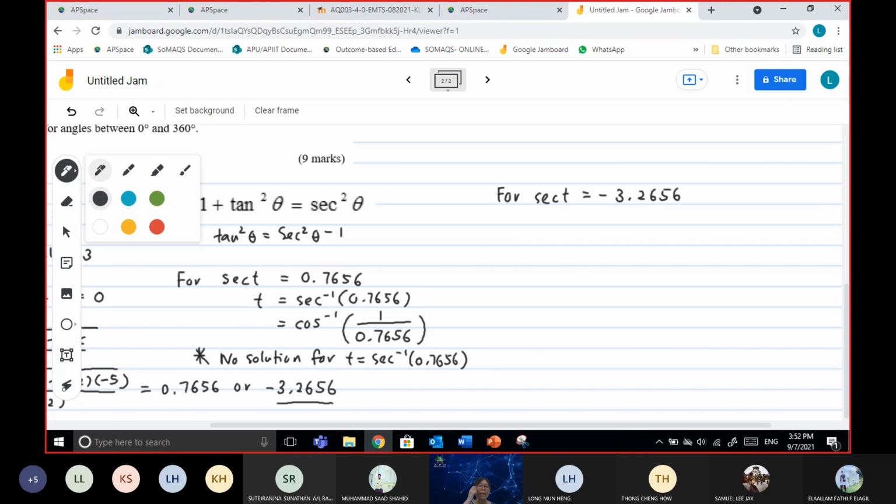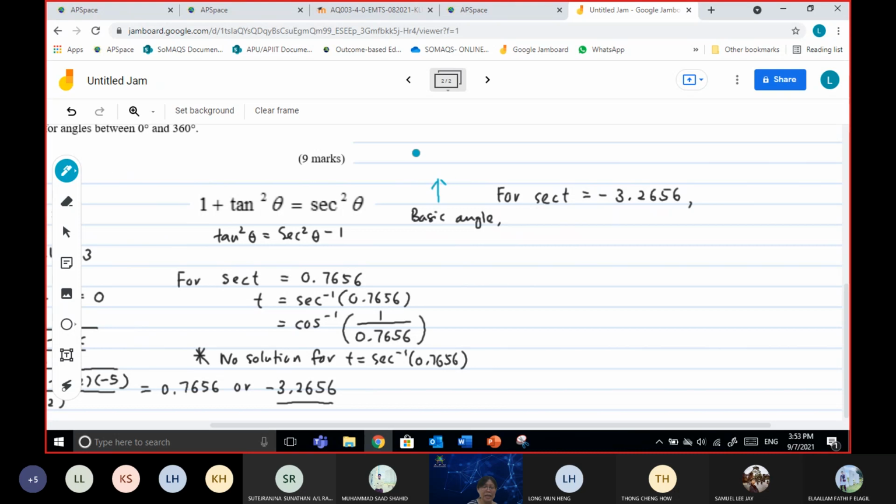Remember, when we want to solve the trigonometric equation for the angle, I always ignore the sign first. Even though this one has a negative, I will ignore the sign for now, so that I can find the basic angle. What do we mean by basic angle here?